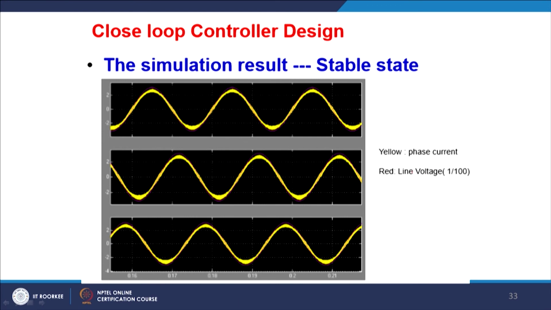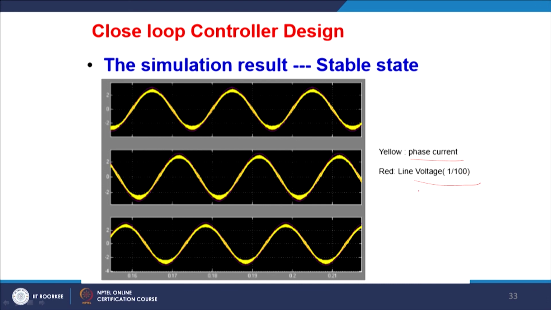You can see clearly that because of the switching there is a ripple, and this one is the phase current, and with that there is a small pink line. This is a voltage which has been scaled down by 100 times to show on the same scale.